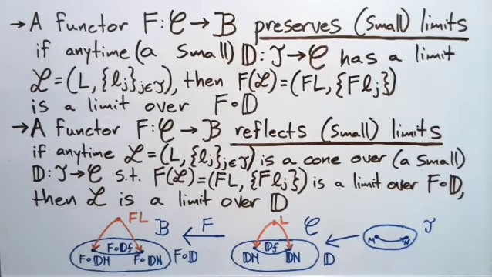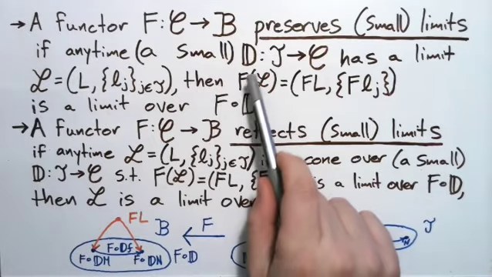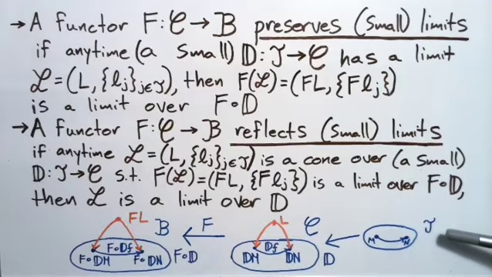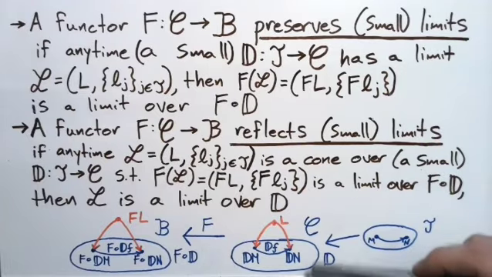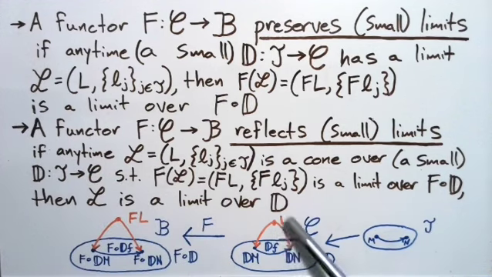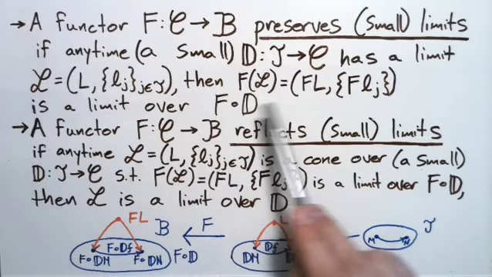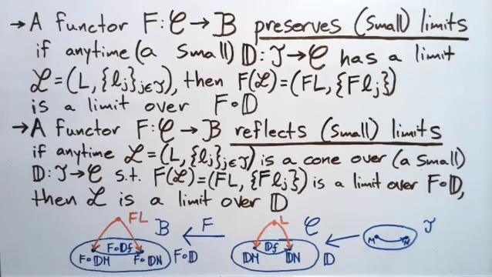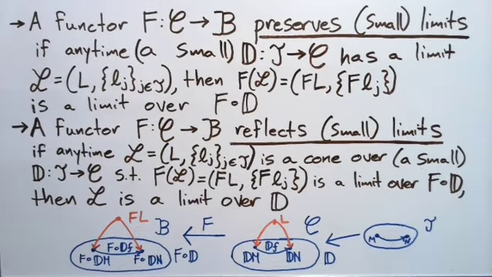A functor F going from a category C to a category B preserves limits if any time a diagram D going from an index category J to a category C has a limit L, so this is curly L, which consists of the vertex L and then each of the legs to each of the objects in D, then F of L, that's the image of that cone under the functor F that we've defined, has to be the limit over the image of the diagram. And that's what we have here.